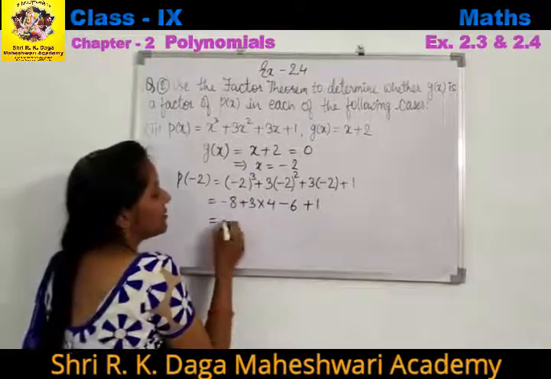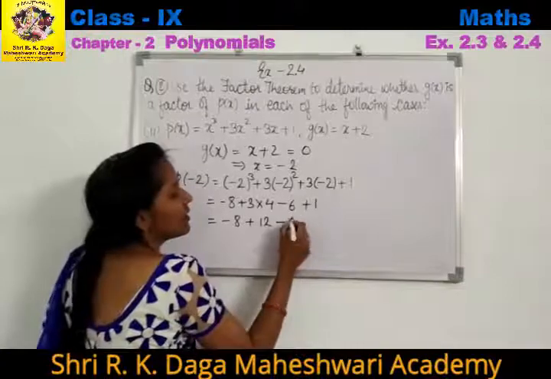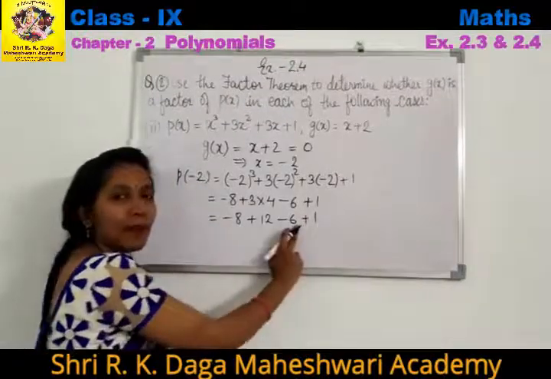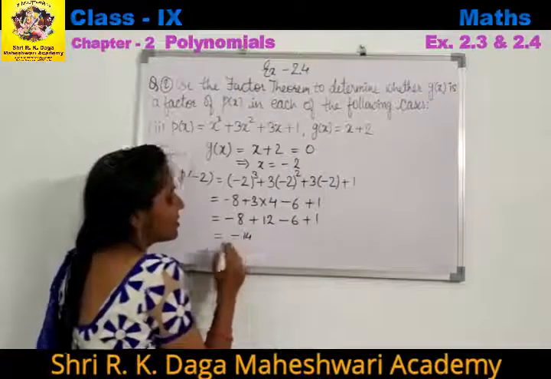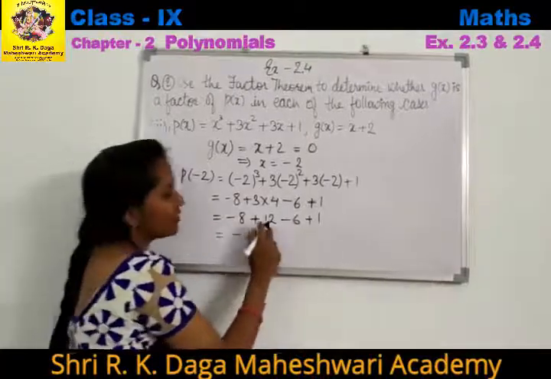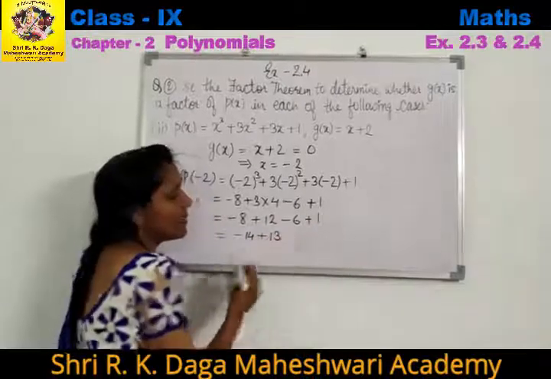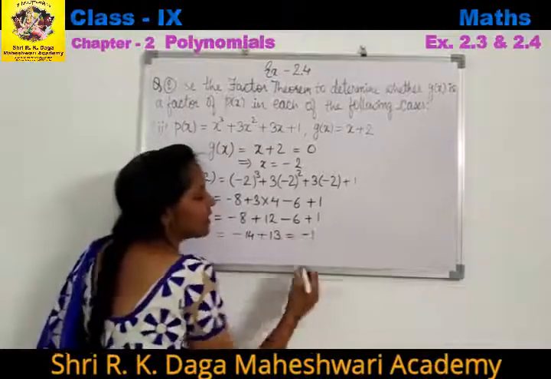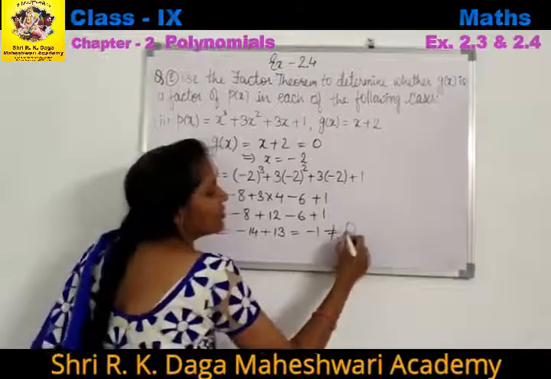Now we get minus 8 plus 4 3s are 12 minus 6 plus 1. Minus 8 minus 6. These minus numbers will give us minus 14 plus 12 plus 1 equal to plus 13. Now minus 14 plus 13 is equal to minus 1, which is not equal to 0.